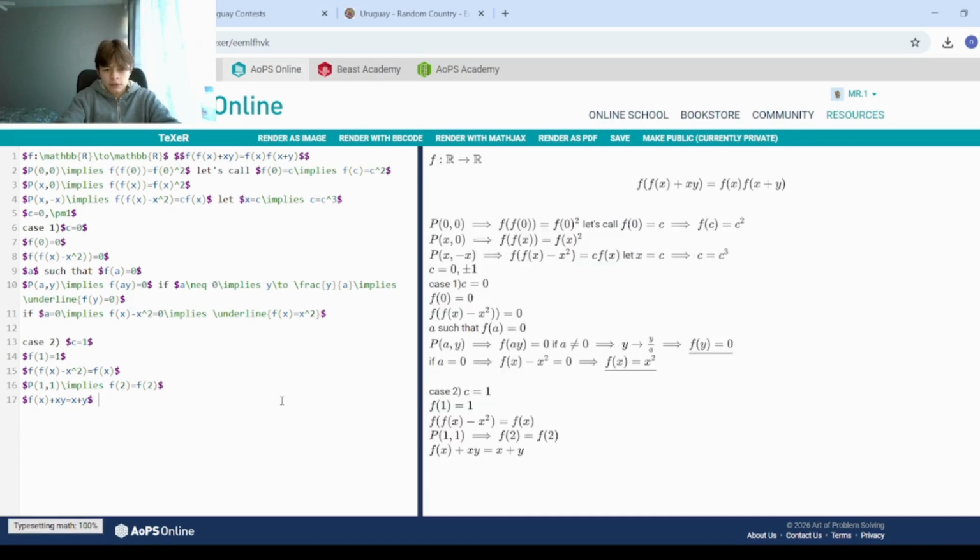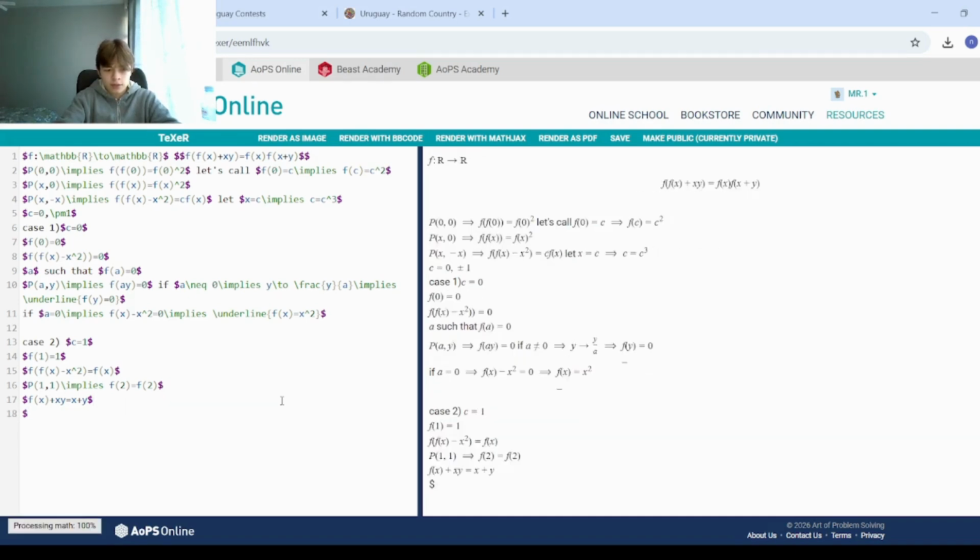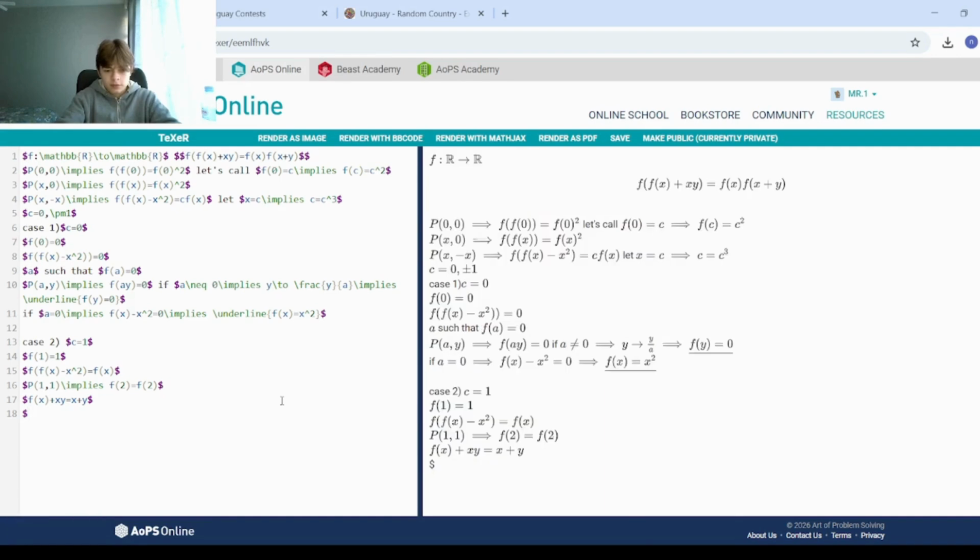Okay, let's solve this for y. We get y times x minus 1 is equal to x minus f(x).